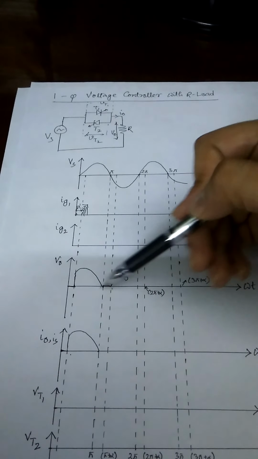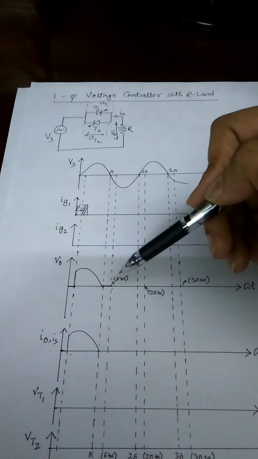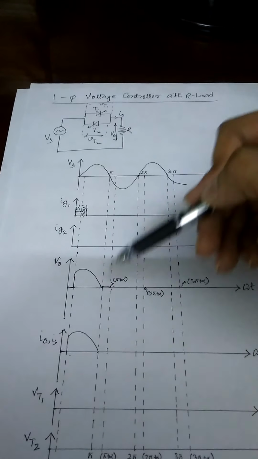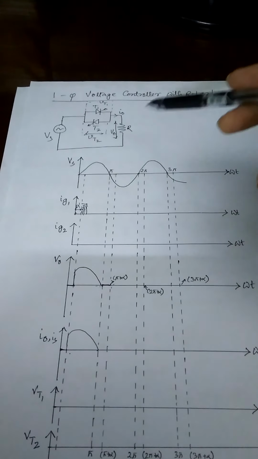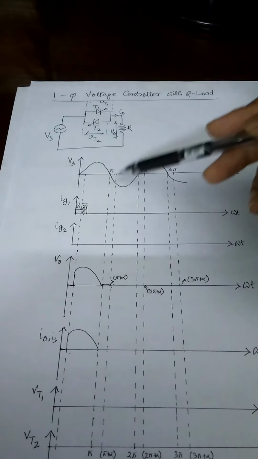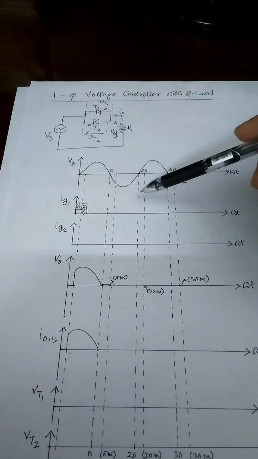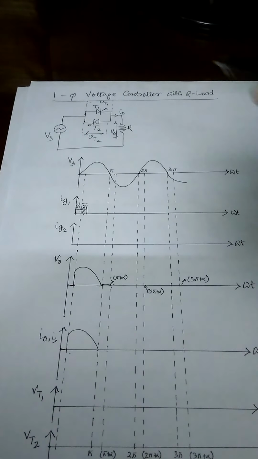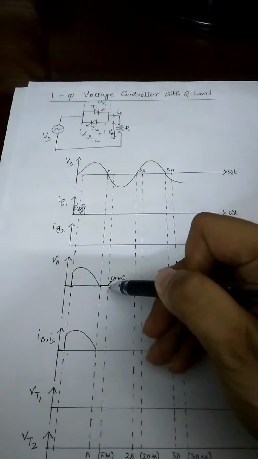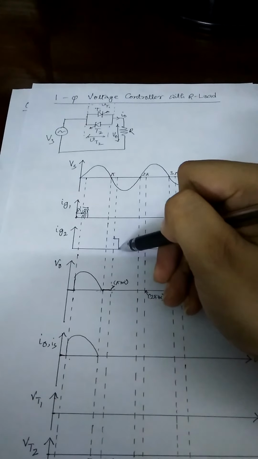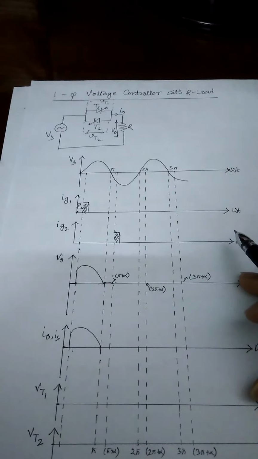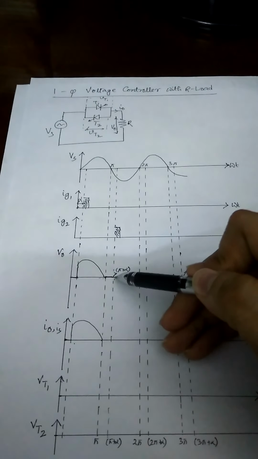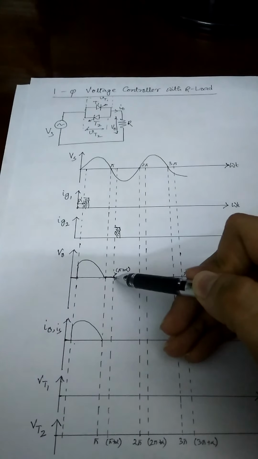So up to pi plus alpha there is no voltage or current, and now at pi plus alpha this T2 thyristor goes into conducting mode, and the supply voltage is in the negative part of its envelope. So firstly this Ig2 is going to trigger the thyristor T2 at pi plus alpha, and depending on that we get the output voltage waveform like this.